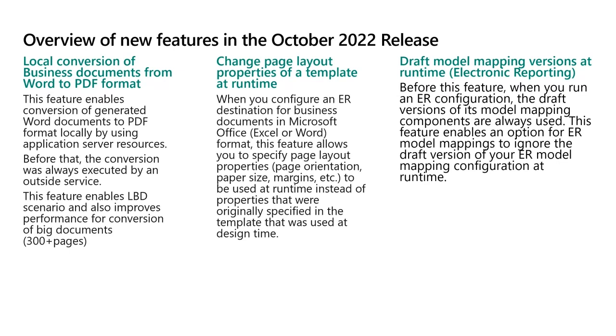So we have some settings there. And now we enabled functionality so you can just ignore this draft version of your ER model mapping. It's a small feature, but we got a lot of support requests because people were confused about what model mapping version had been executed.